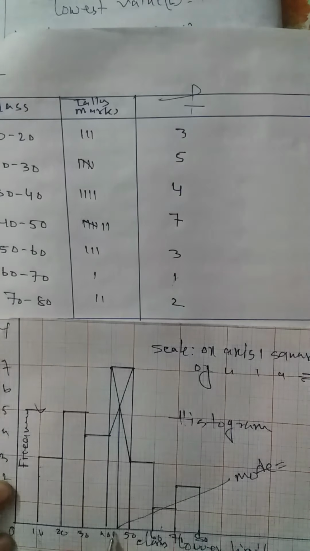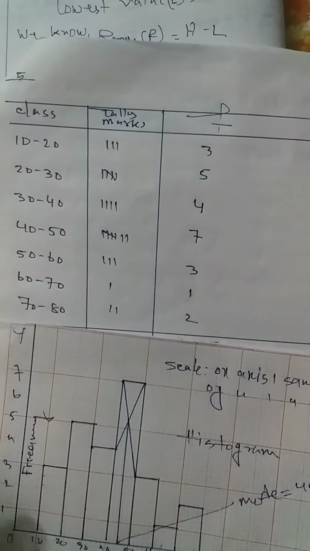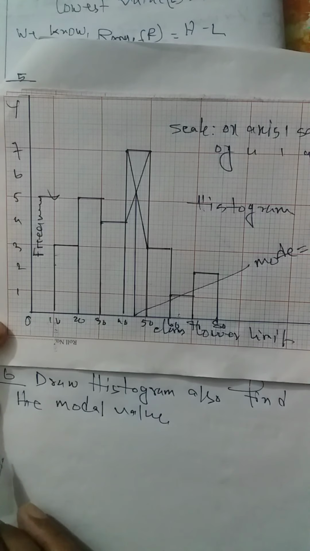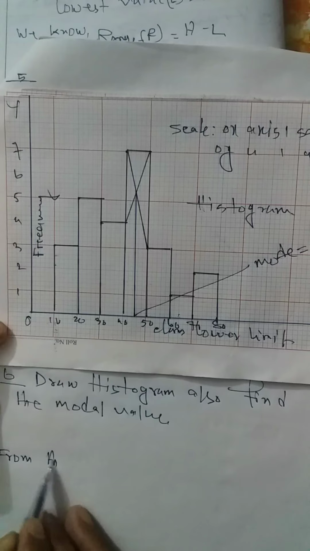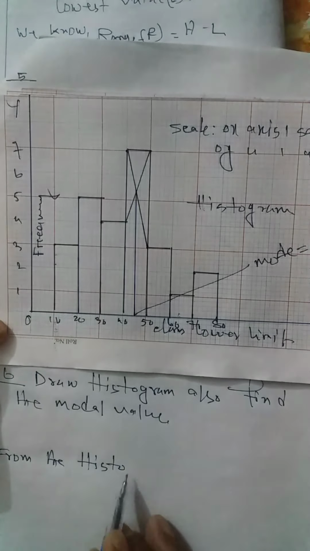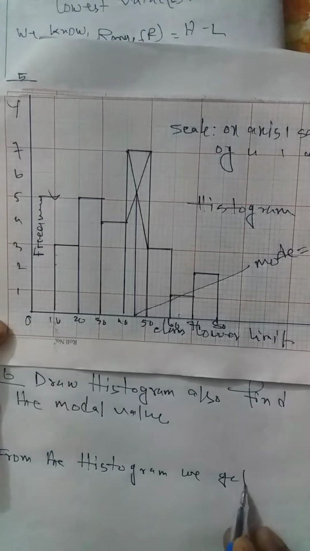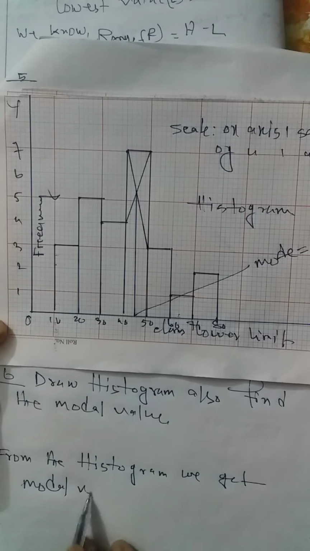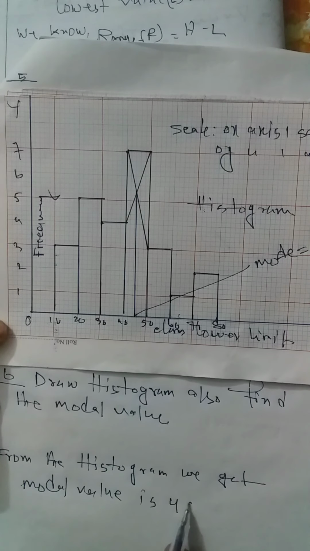42, 44 and 45. Now we can write: from the histogram we get the modal value is 45.